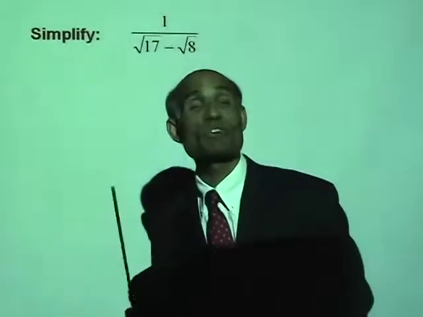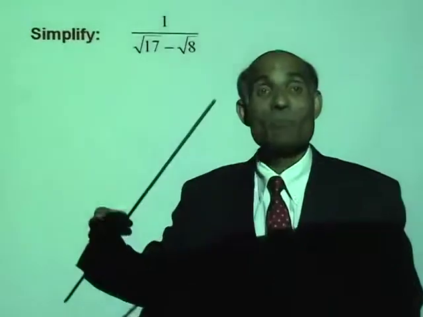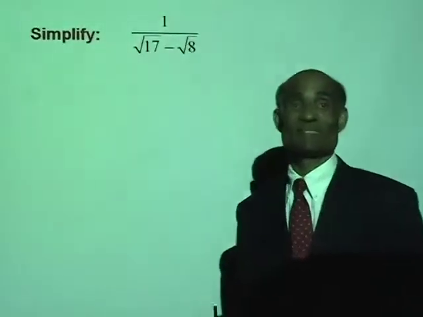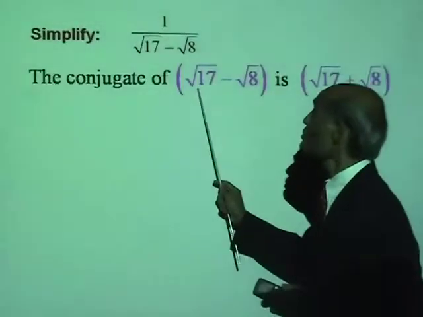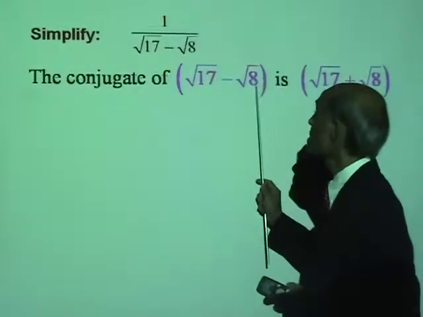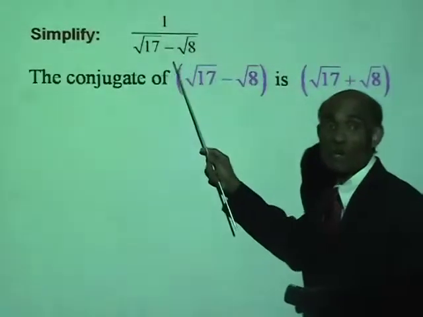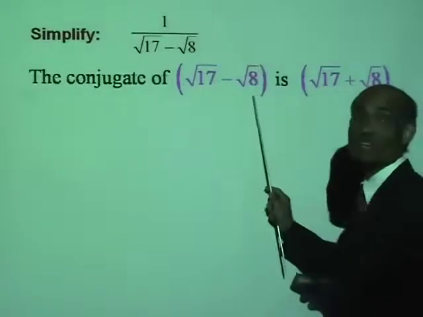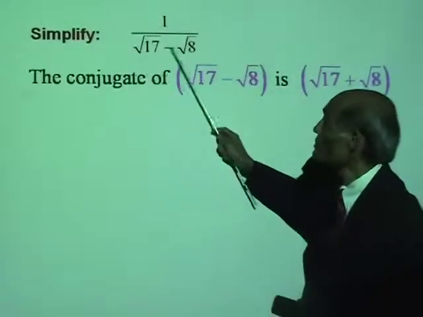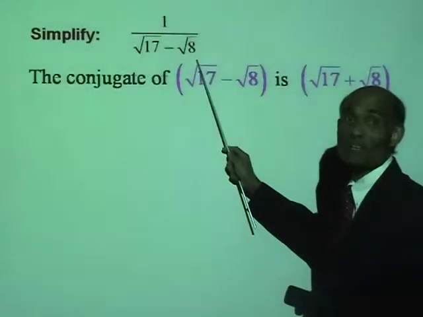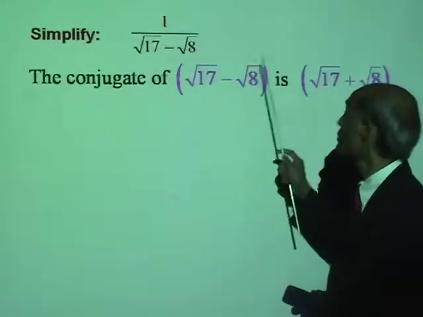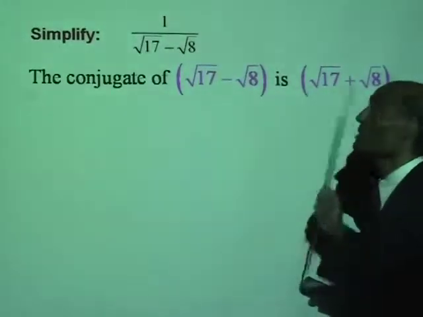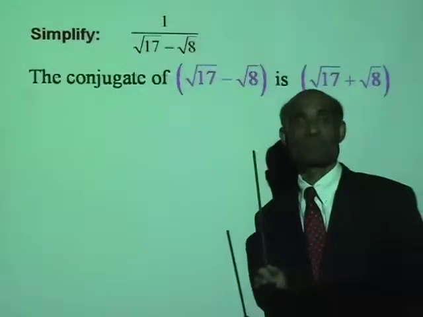The conjugate of this is square root 17 plus square root 8. There you are. Look at the way I put that in a parenthesis. It's very important to enclose that quantity in a parenthesis. The conjugate of this is square root 17 plus square root 8.